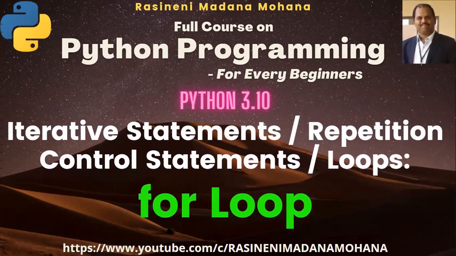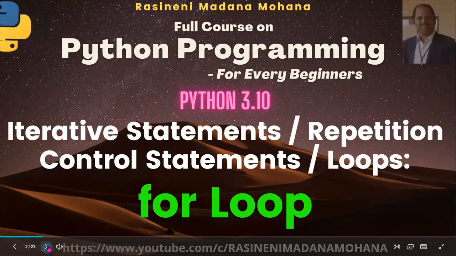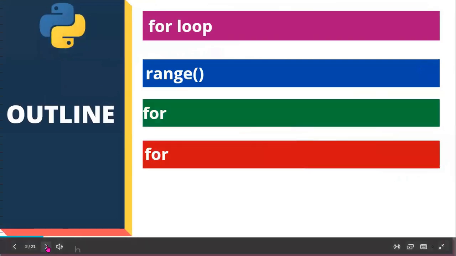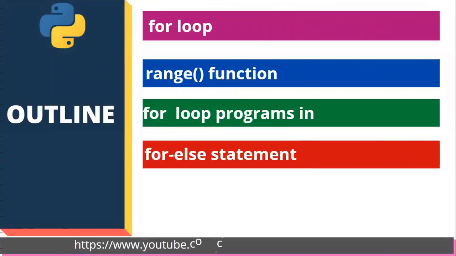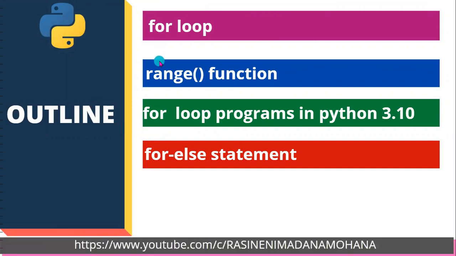In this lecture, we will discuss the second iterative, repetition, or loop statement, that is the for loop. Coming to the outline: first, we will see what a for loop is. Then one important function that can be used in a for loop, that is the range function.